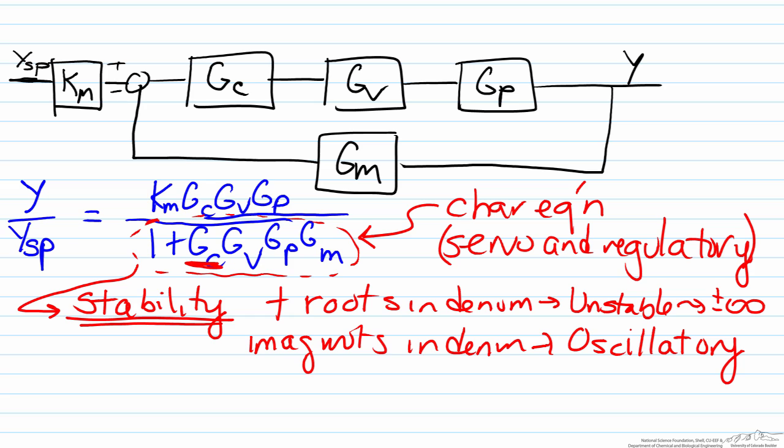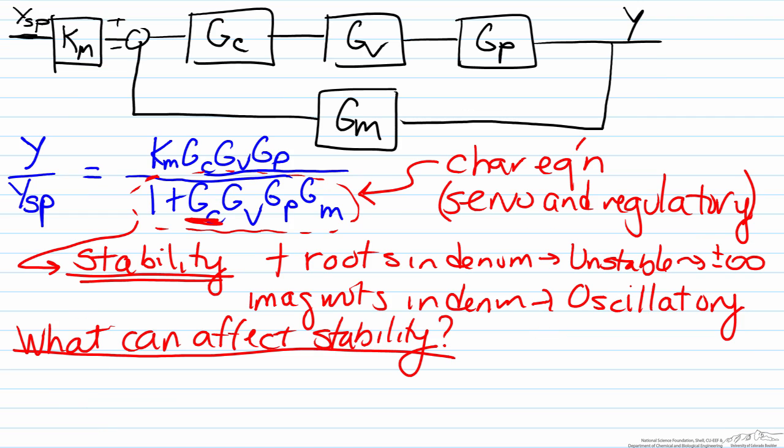So what this means is the fact that we have a lot of freedom in selecting what our denominator looks like. And by selecting what our denominator looks like, that is going to solely dictate how this process acts. Will it be unstable? Will it be oscillatory?